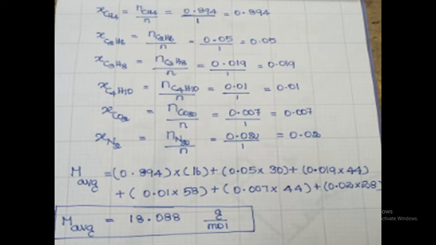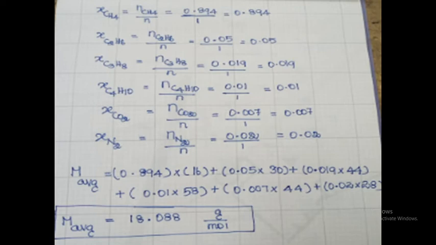M average is equal to X_CH4 into molecular weight of CH4. Molecular weight of CH4 16. Plus X_C2H6 into molecular weight of C2H6.